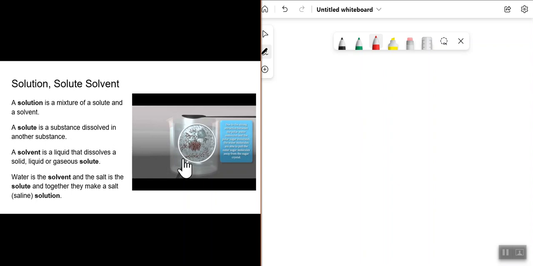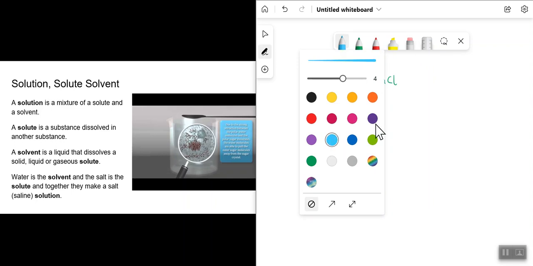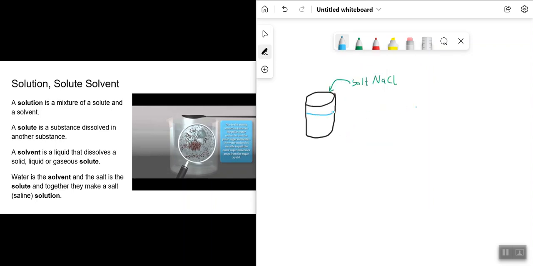So for example, imagine we have a beaker like so, and in that beaker we add in some salt, NaCl, sodium chloride. Then imagine we add in some water, which is H2O.